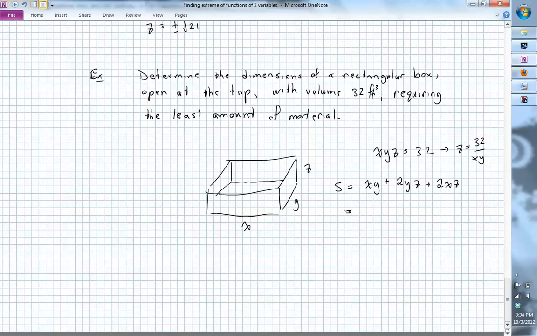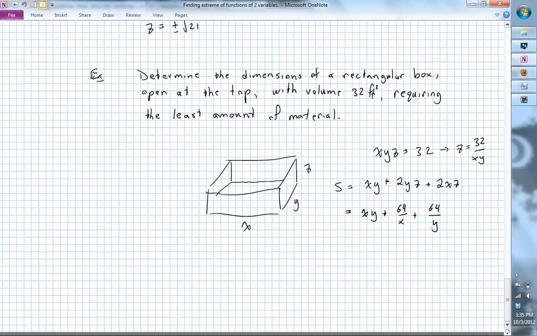Okay, so let's re-express S in terms of our two variables. XY plus 2Y times Z, which is 64 over X, and 2X times Z, which is 64 over Y. So we now have something that we can optimize.